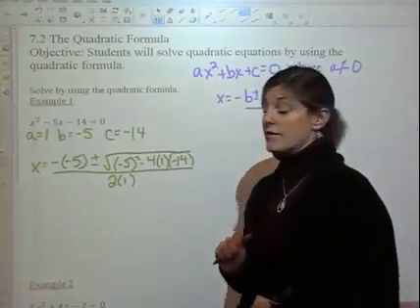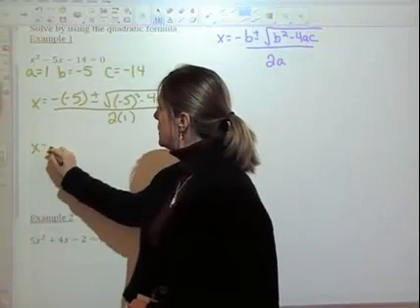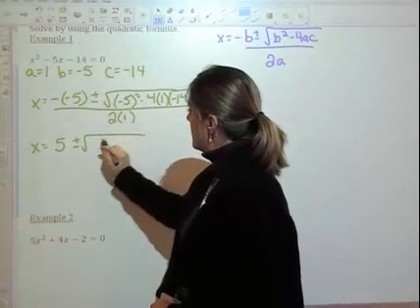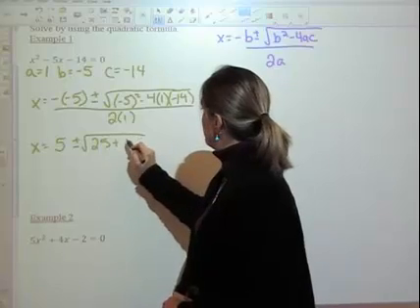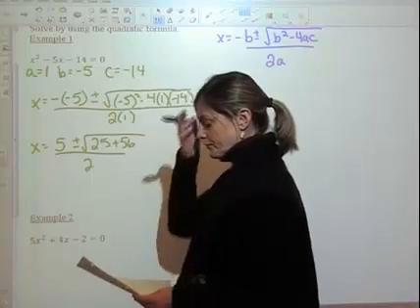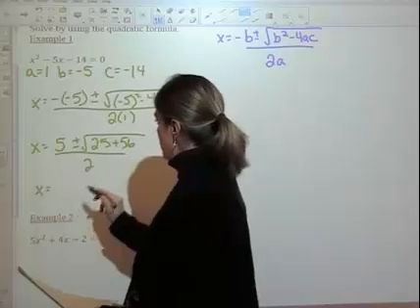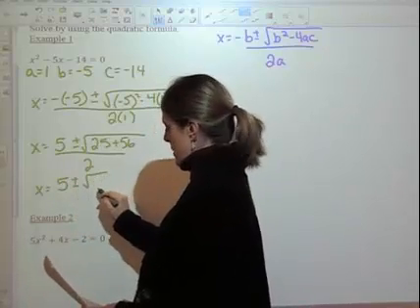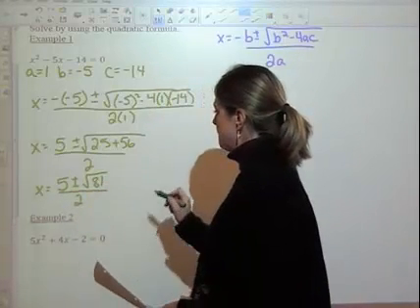And now it's just a matter of simplifying. So x equals 5 plus or minus, that becomes 25 plus 56, all over 2, which becomes 5 plus or minus the square root of 81, and then all over 2.